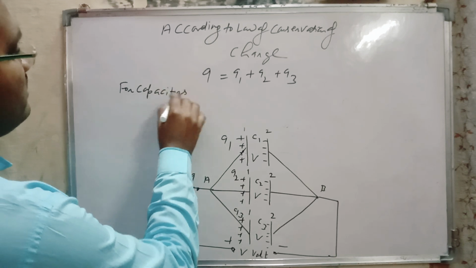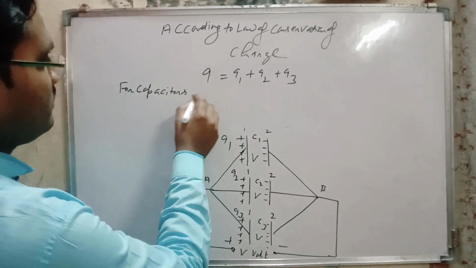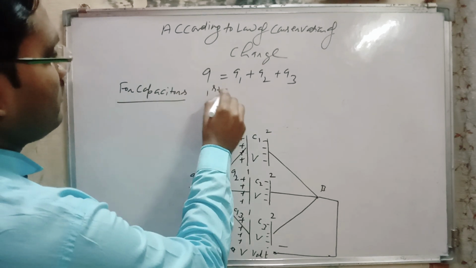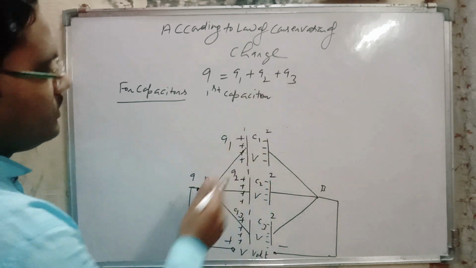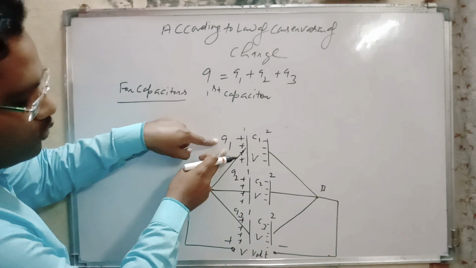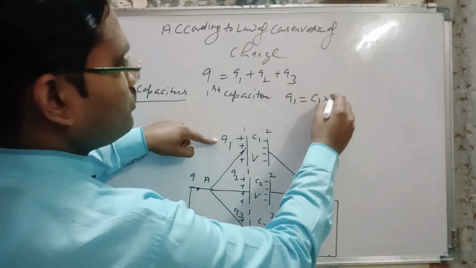For the first capacitor, we find Q1 is equal to C1V.